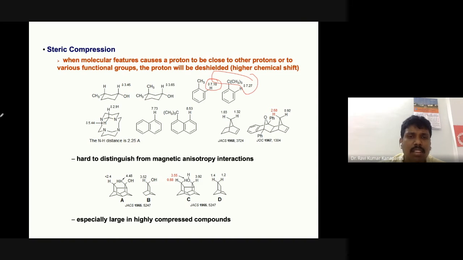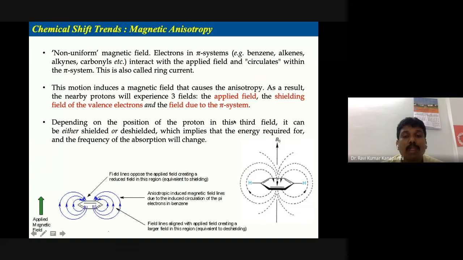There are many such examples summarized here, and the factors are not very clear. Some molecules show some phenomena, and other molecules show different phenomena. Of course, there are a lot of debates on this subject, but by and large, you can use the electronegativity concept to understand the chemical shift trends.